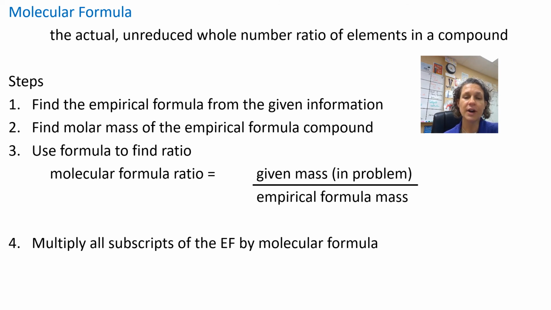And then you will divide it by the empirical formula mass, and you will get a whole number. 3, 5, 2, whatever it is. They're not going to be huge, but you'll get a whole number. And you're going to multiply all the numbers of the empirical formula, that's what EF stands for there, by the molecular formula ratio. So whatever answer you get there, that's what you're going to multiply them by.